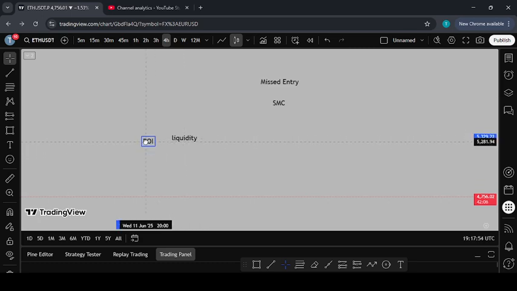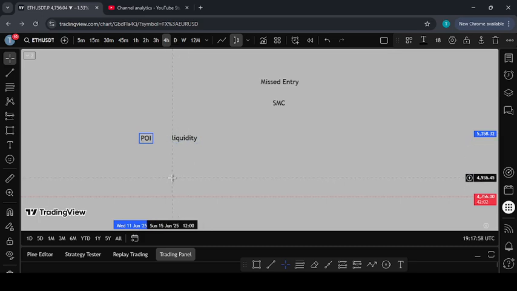So that is one thing we look out for before selecting our POI. Of course, you know the rest: structure, break of structure, and the rest. That particular point of interest must have done one of two things: swept liquidity or broken structure.